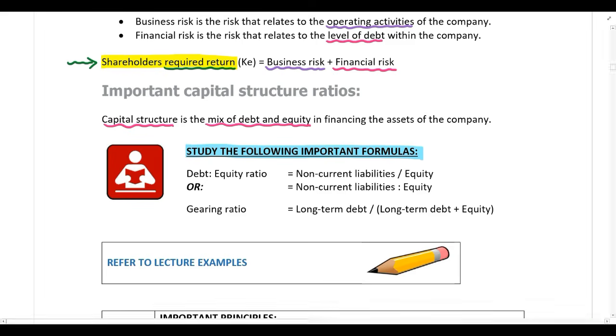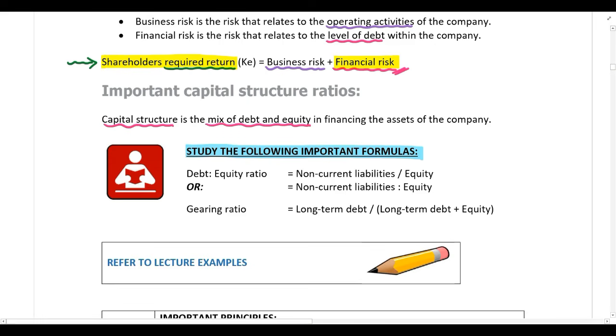So it's obviously very important because it gives us an indication of the level of financial risk. If a company has a lot of debt in their capital structure, financial risk will then be higher. So you need to know how to calculate these ratios. You need to know how to interpret these ratios because they are indicators of financial risk. They tell us how much debt a company has in their capital structure.